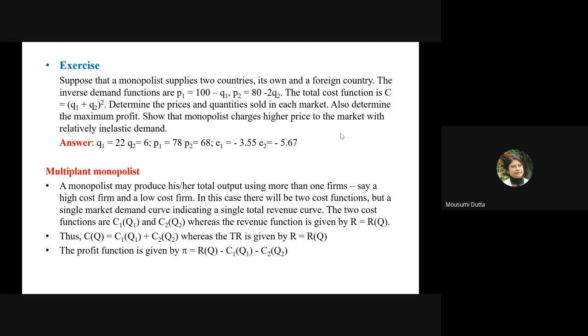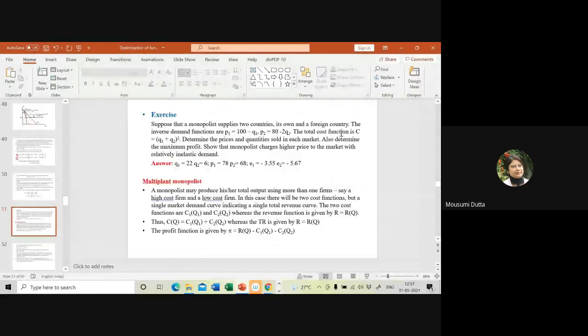C is equal to (Q1 plus Q2) whole square. Next, pi is equal to P1 Q1 plus P2 Q2 minus C.